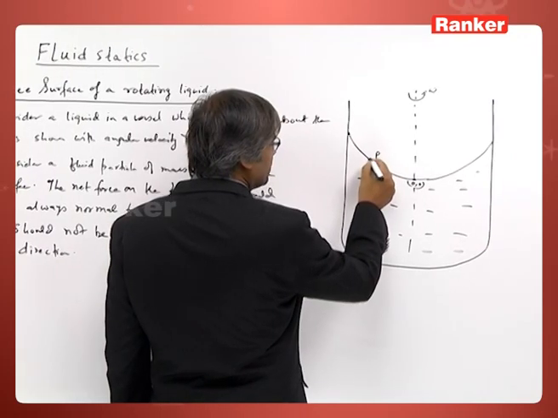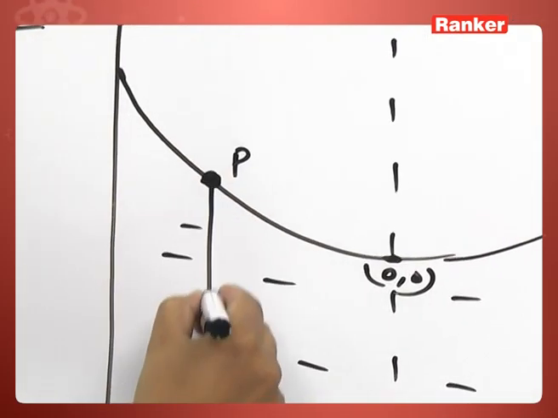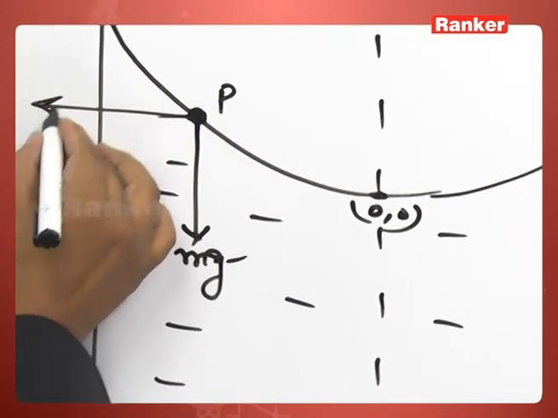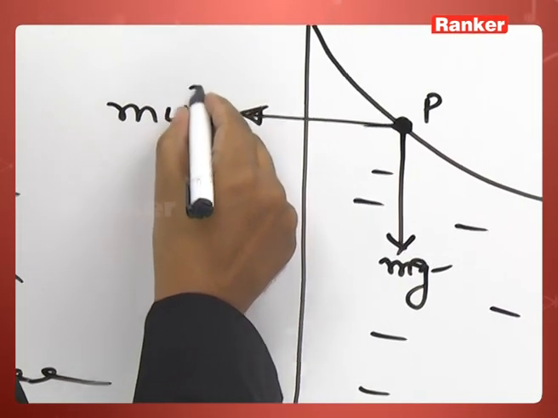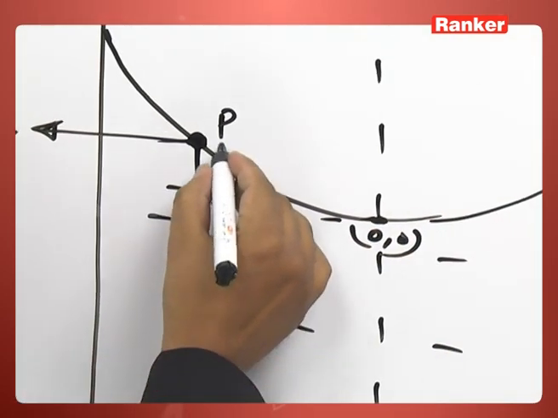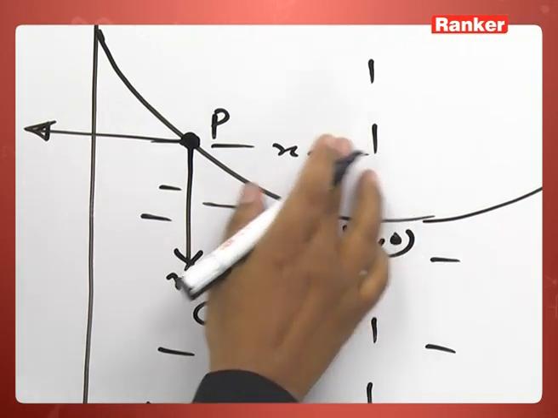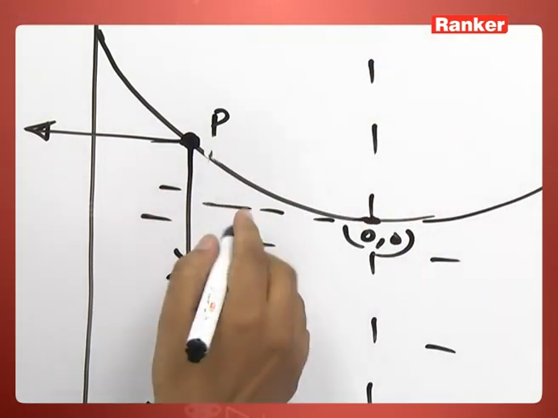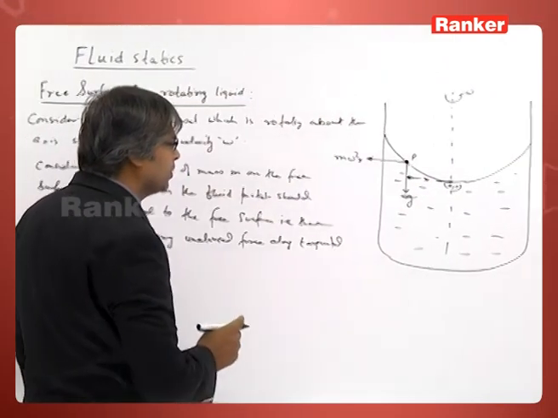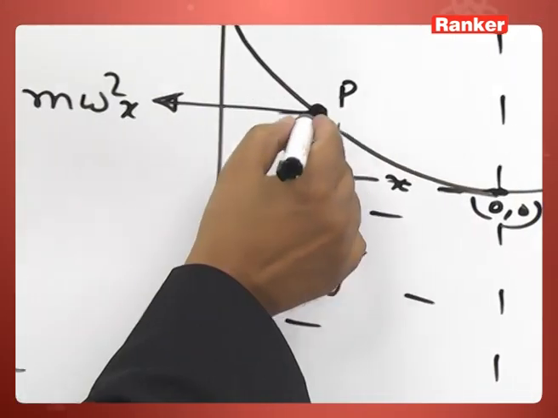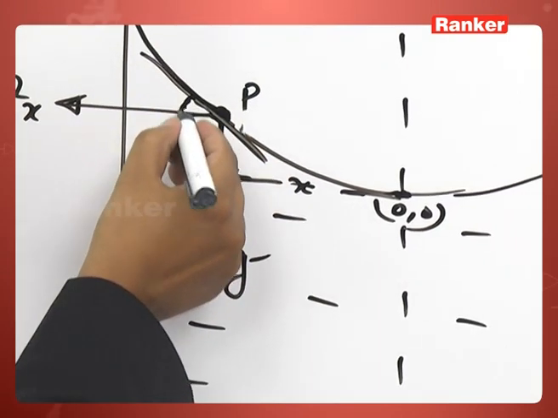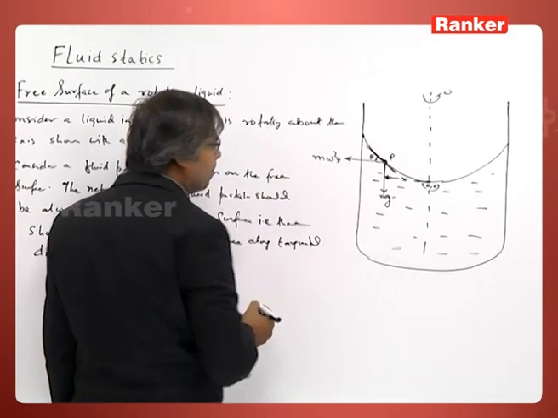What are the forces? In the frame of P itself, the real force is mg and there is a centrifugal force m omega square x. If I assume that this distance is x and this is y, and I draw a tangent here with the x axis, the tangent makes an angle theta.